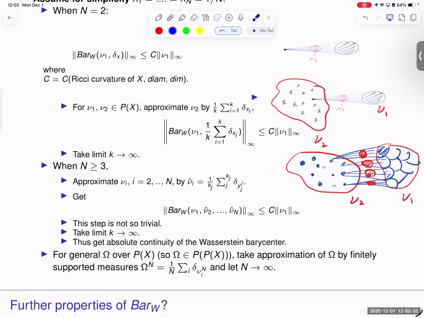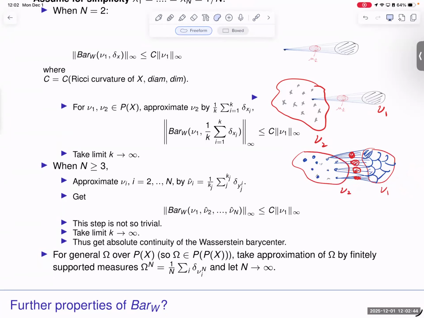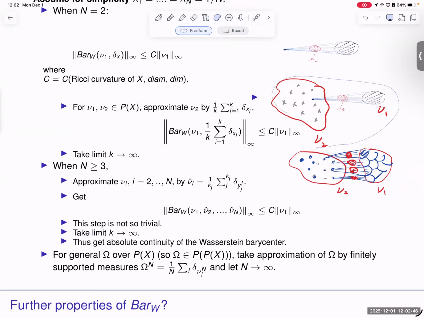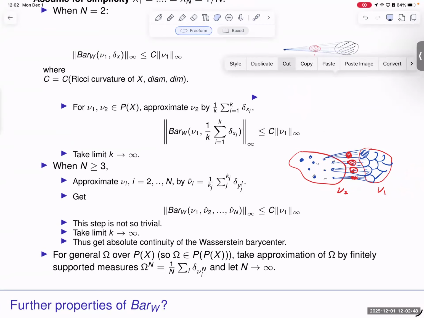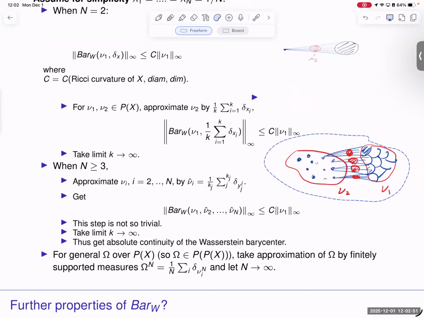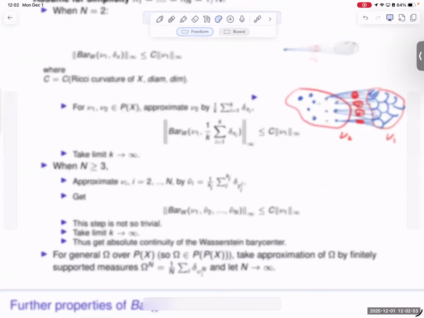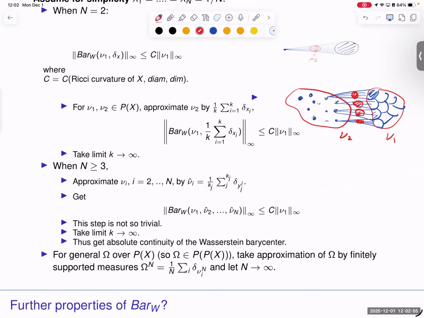Now, what if we have more than two marginals? Let's say mu 1, mu 2, mu 3.